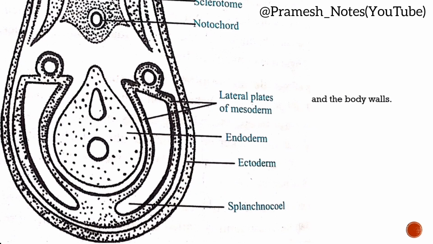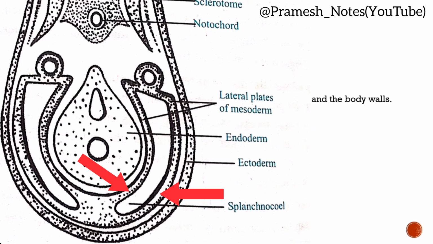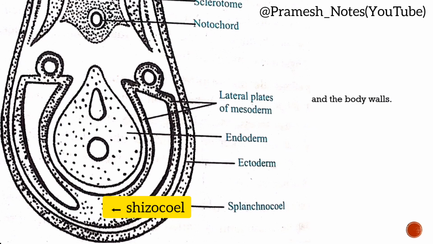Somatic layers remain attached to the body wall, whereas the visceral layers connect with the alimentary canal. Between these layers, a small cavity appears called the splanchnocoel, which increases due to splitting of mesoderm below the gut. It is known as schizocoel.